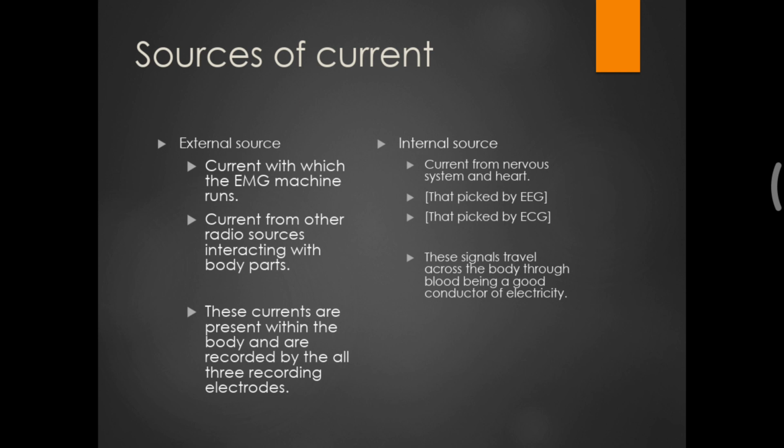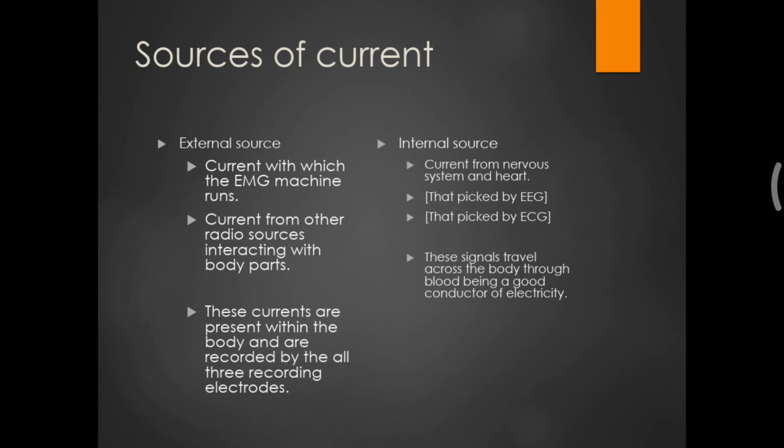Now when these EEG and ECG signals are present inside the body, and since blood is traveling all through, and 70% of the body is composed of water, and blood is one of the major components, water being a good conductor of electricity conducts the electrical signals from the brain, from the head as well as from the heart region, and it comes throughout the body. So when you keep an electrode, all these signals will be coming together and your electrodes will be picking them up.